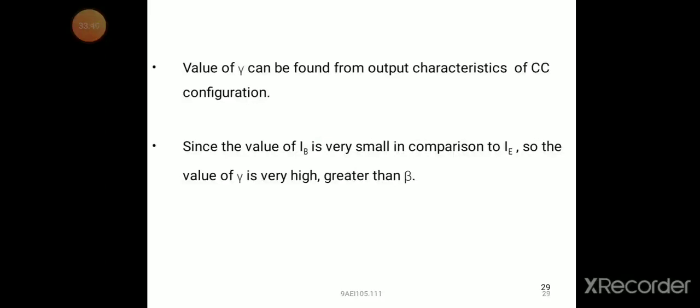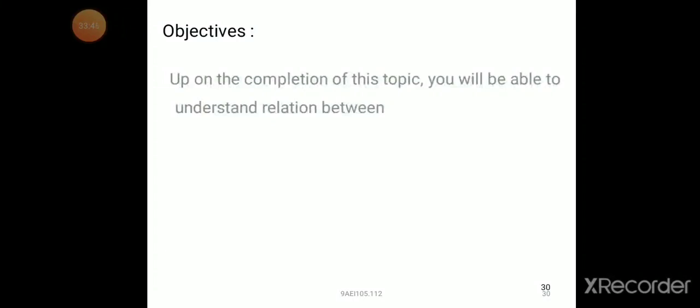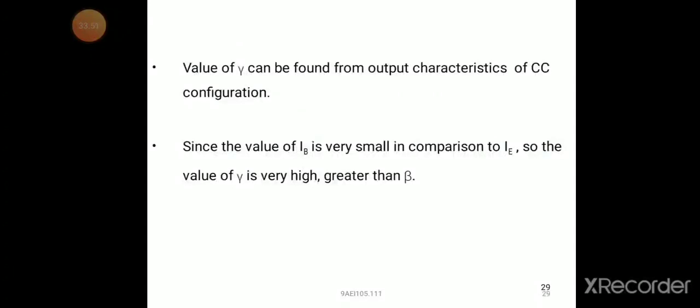So like this we discussed alpha, beta and gamma. In this class we discussed the common emitter configuration, input and output characteristics, and the active, saturation and cutoff regions in the output characteristics.